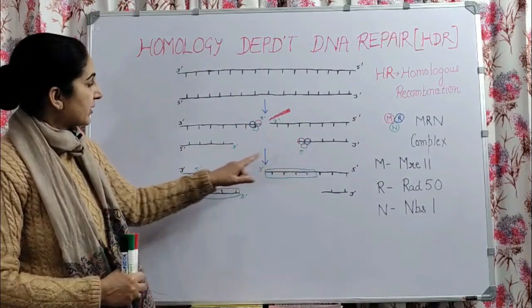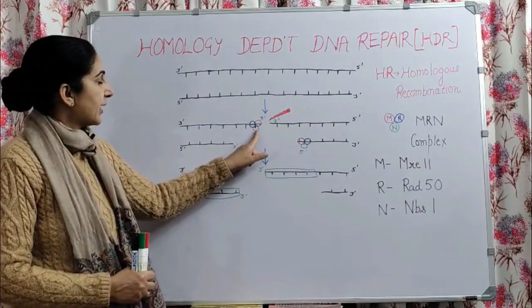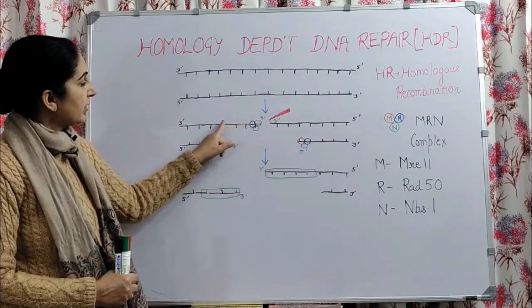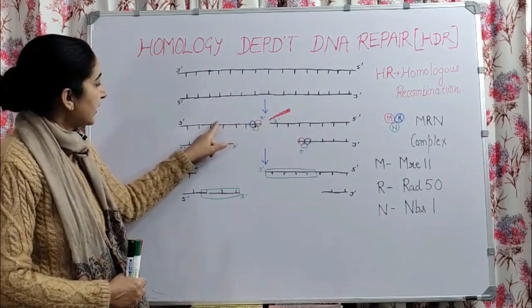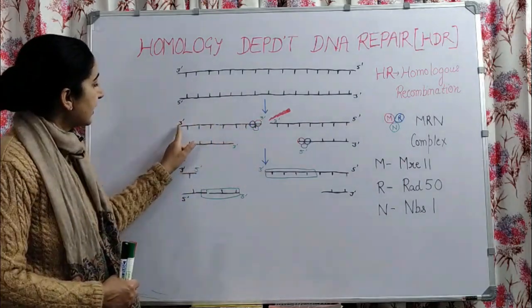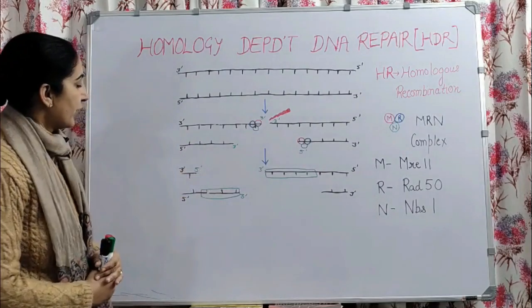Now the MRN complex recognizes the 5' ends, binds here, and keeps on removing the nucleotides from the 5' end, so that this strand gets shortened. In the other strand we have the 3' overhangs.